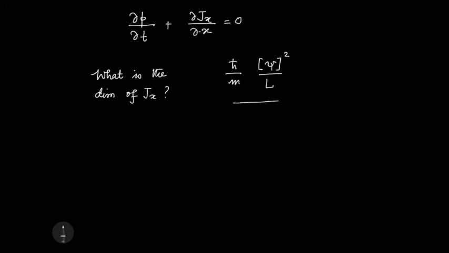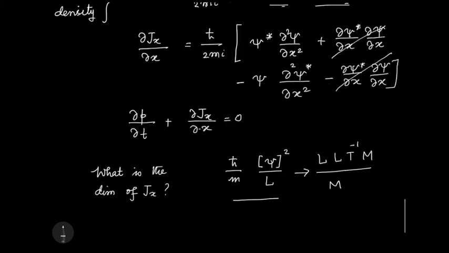So this, if I write, h cross has the dimension of angular momentum. Angular momentum means it has one length and then a velocity and obviously mass. In the denominator, I have one mass. Let's see, what is psi square?